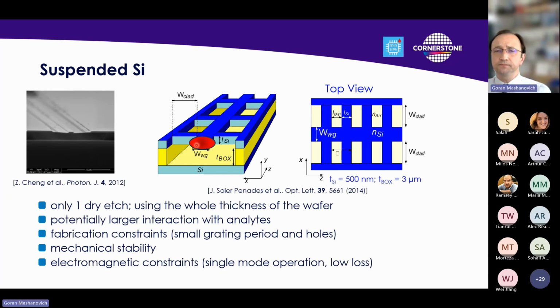Then we also want to have large interactions, so large evanescent field, but at the same time, we want to avoid leakage of the mode into the slab, and so on and so forth. And of course, the immediate thing is to consider mechanical stability. So can this structure sustain vibrations or certain pressure, and so on. So it's important to consider that.